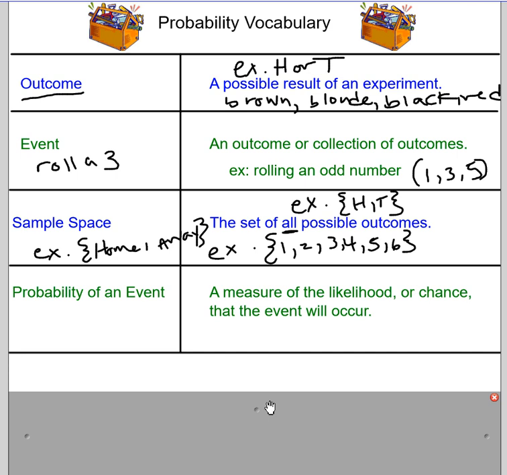For example, there's a 100% chance that math is going to be your favorite subject this year, I hope. Something like that, okay? If something is never going to happen, we say that it has probability of being 0. All right?